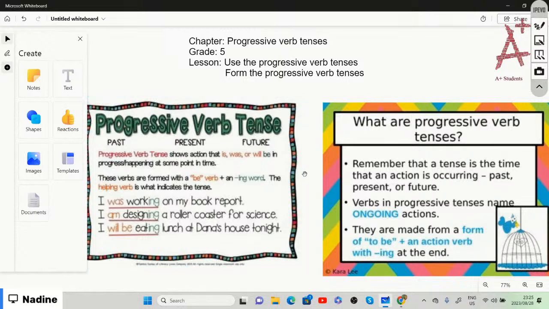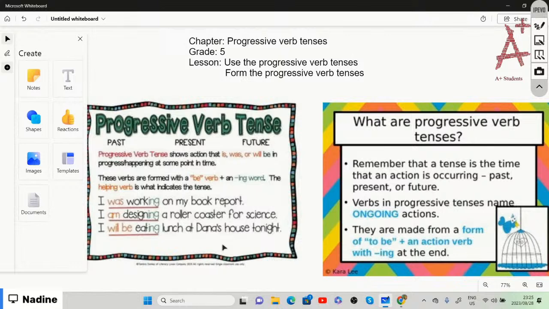So it's either that something is happening in the present, something was happening in the past, or something will be happening in the future, right? And these verbs are formed with be or to be plus the ing word at the end. And then, of course, our helping verb will indicate whether it is in the present, in the past, or in the future tense.